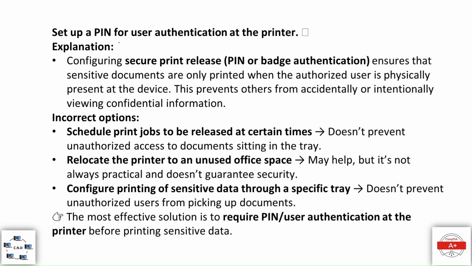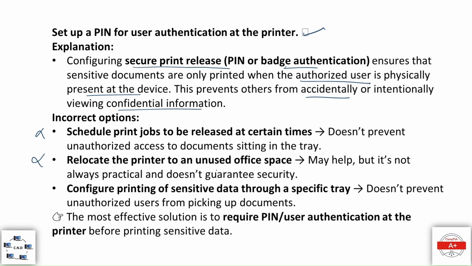And the explanation is, this is our correct option: set up a PIN for user authentication at the printer. Configuring a secure print release, that is PIN or badge authentication, ensures that sensitive documents are only printed when the authorized user is physically present at the device. So this prevents others from accidentally or intentionally viewing confidential information. Incorrect options: schedule print jobs to be released at certain times does not prevent unauthorized access to documents sitting in the tray.